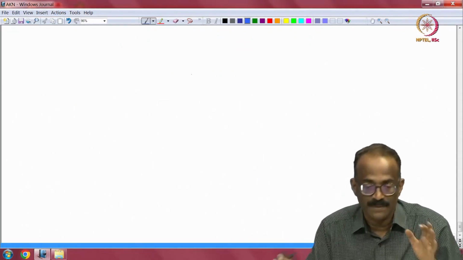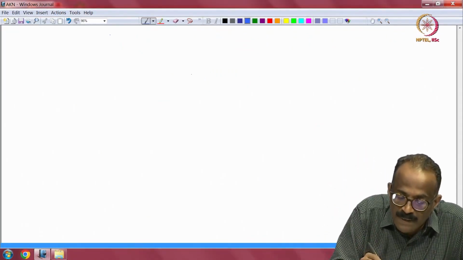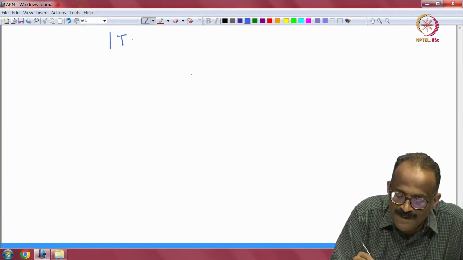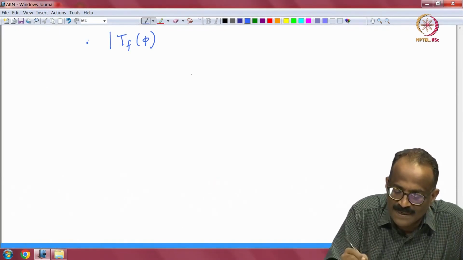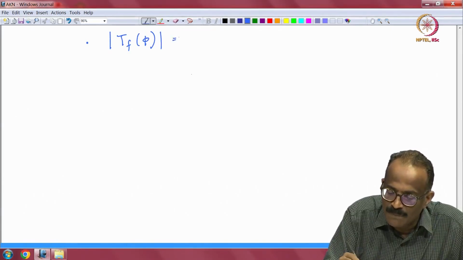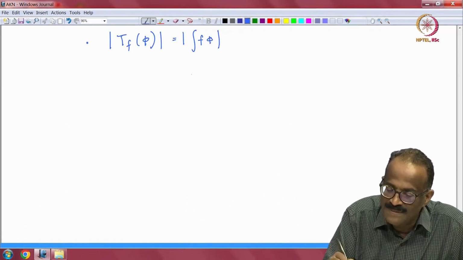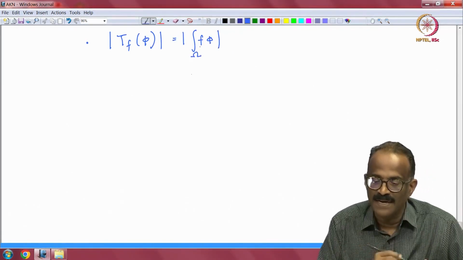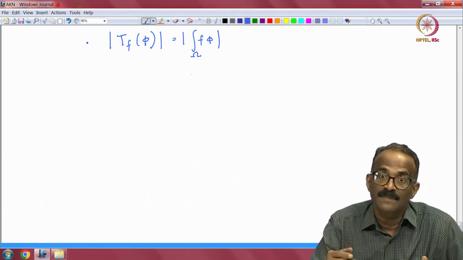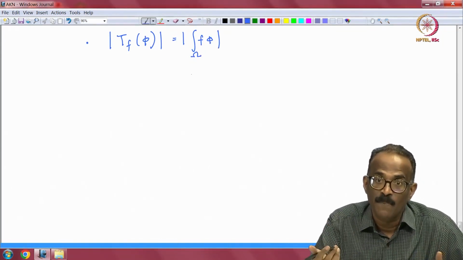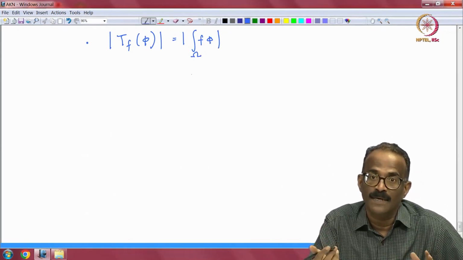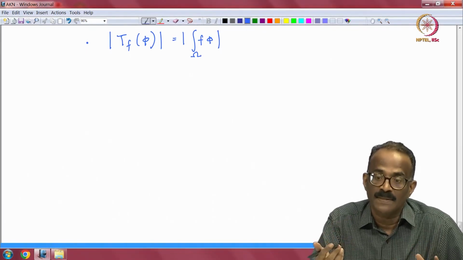Okay. Many cases it will be easy and certain cases it may not be. So, make sure that. So, the one, modulus of Tf of phi, you see. So, that is the first thing I am checking, is same as modulus of integral of f phi. Why is this finite? This is finite because this integration is basically on a compact set, because phi is in D omega. So, there is a compact set.